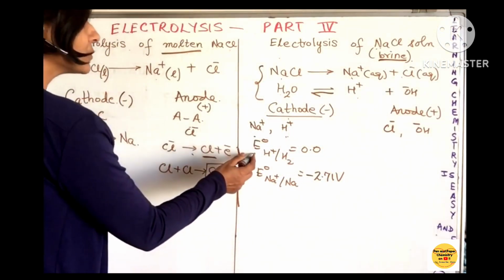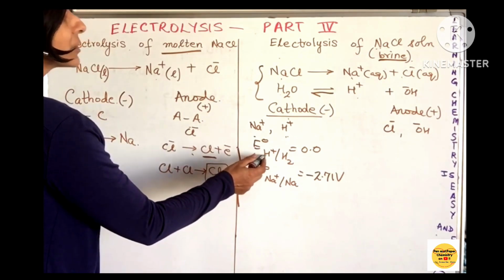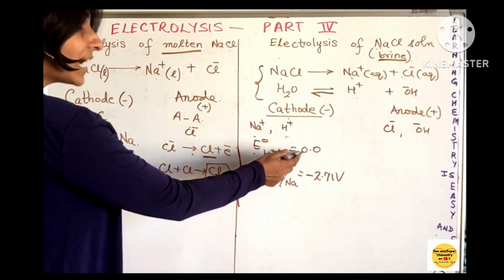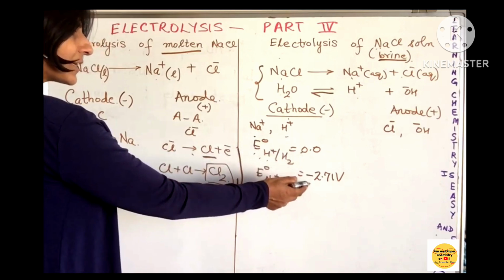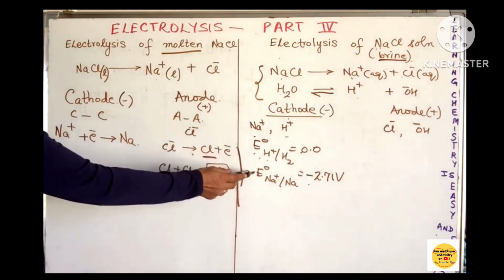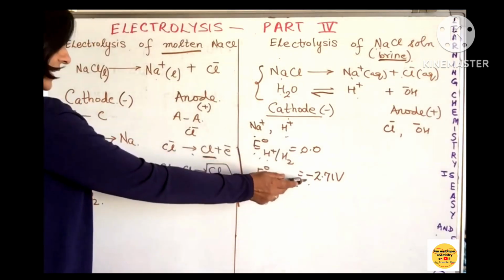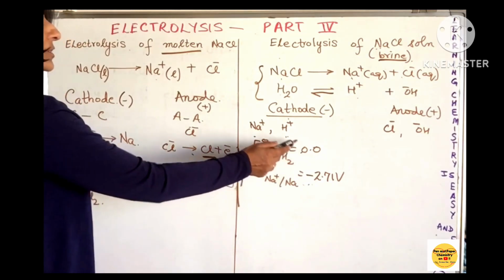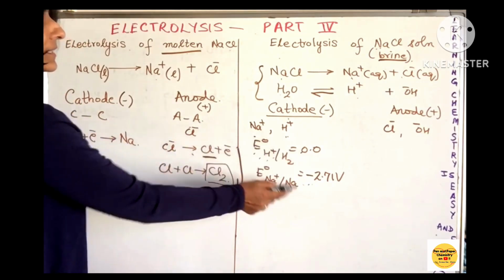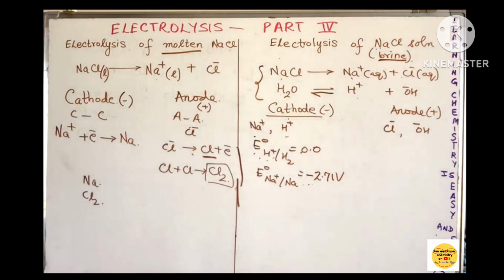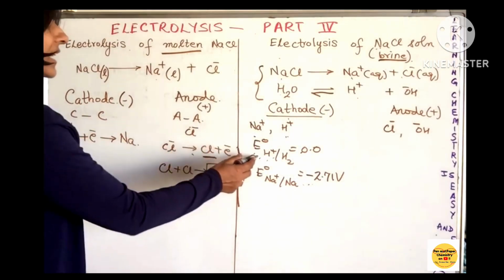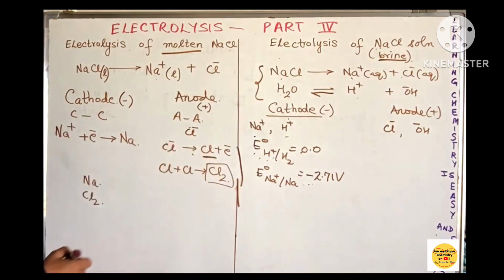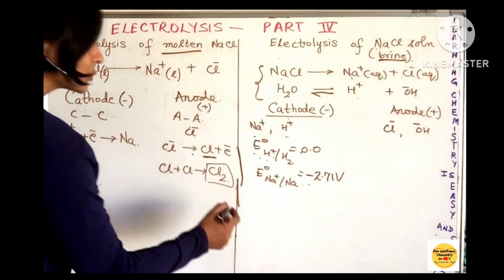Now, if you notice over here, the reduction potential of hydrogen is much higher because this is a negative value compared to 0. This is a negative value, this is 0. So 0 is bigger than -2, right? So hydrogen has got more tendency to get reduced compared to sodium.